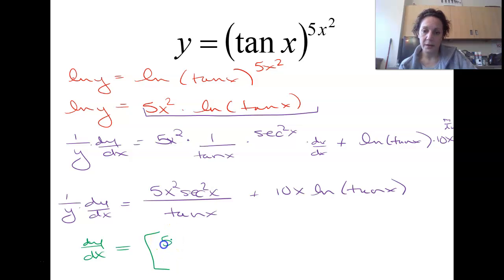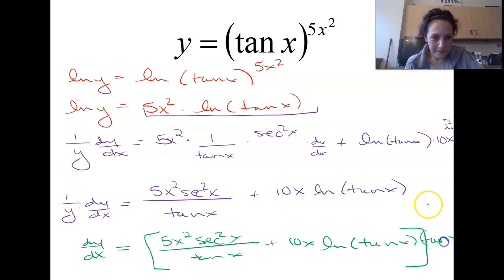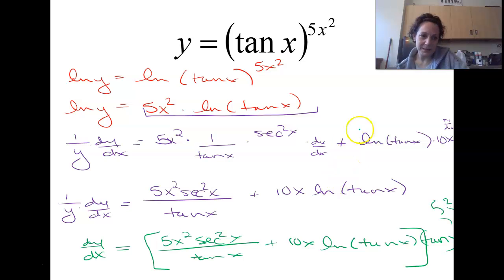I've got my whole thing here. 5x squared secant squared x over tangent x plus 10x natural log of tangent x times, I didn't leave myself any space, the tangent x of 5x squared. I'm so sorry, I didn't leave any space. I'm just writing a times y here, right? And I'm replacing my y with what I know it to be equal to, which is the tangent x raised to the 5x squared. Okay.